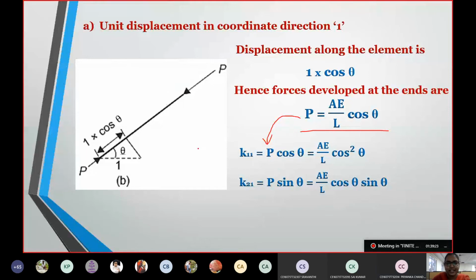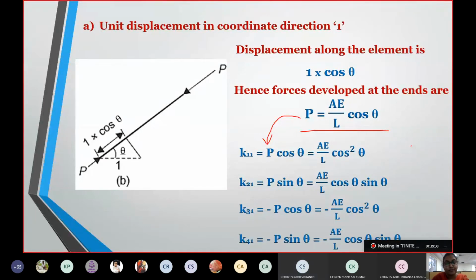If at all, I have 4 directions here, if you remember in the figure, 3 is the direction here and 4 is the direction here.